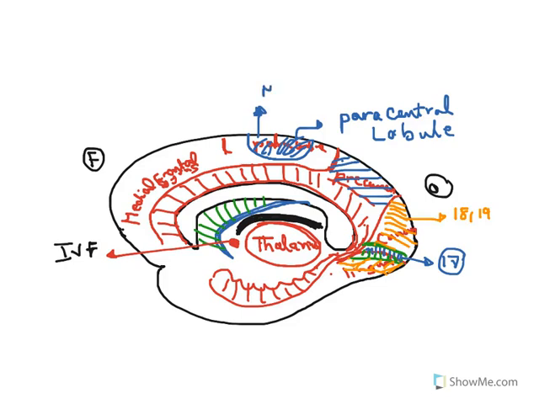So this is the motor area, and behind the central sulcus is the sensory area of the leg and foot.